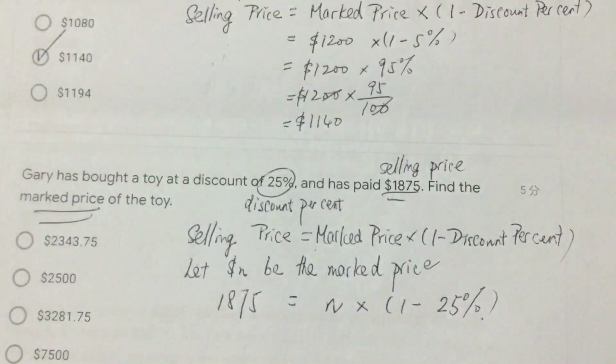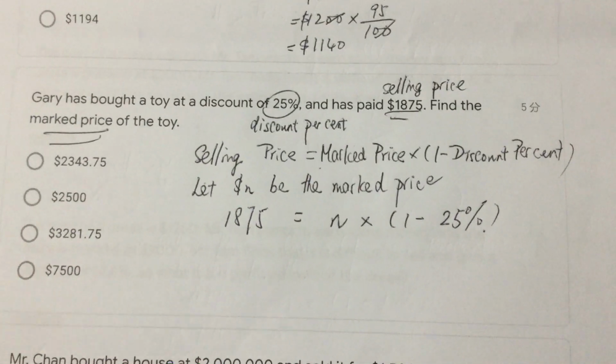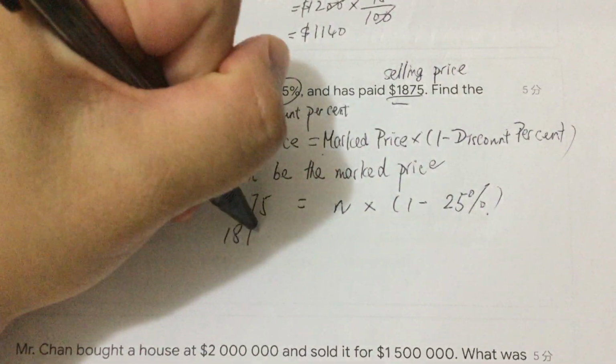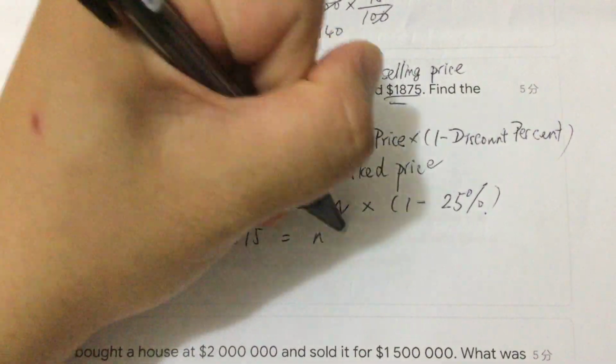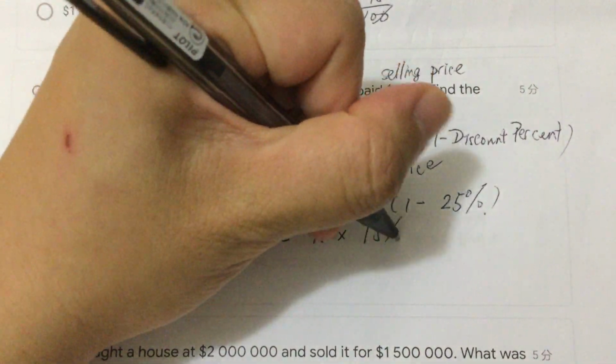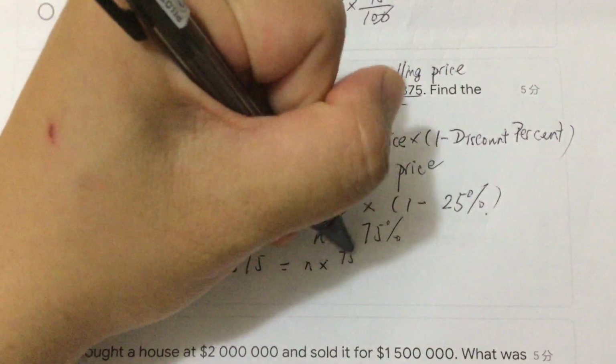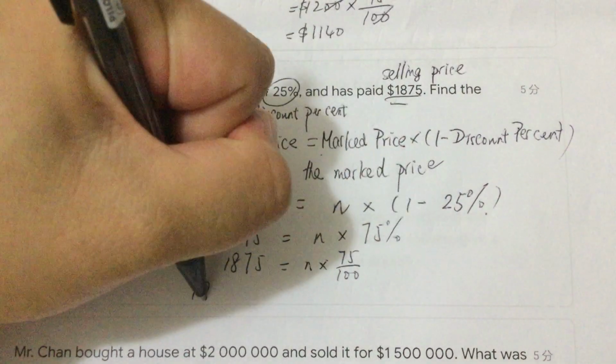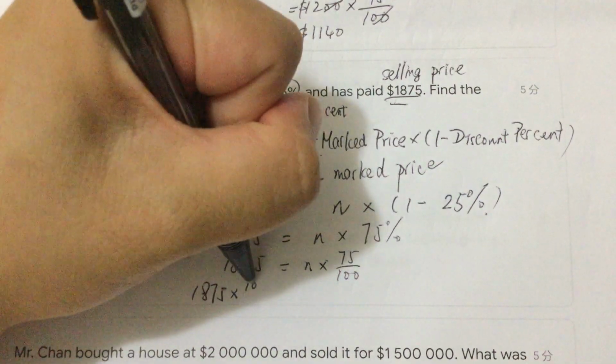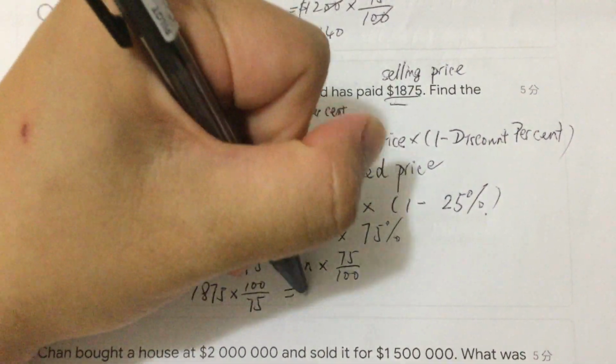Okay, so we have something like this. And then we will have the formula 1,875 equals n times 75%. And then that's 1,875 equals n times 75 over 100. And that's 1,875 times 100 over 75 equals n.